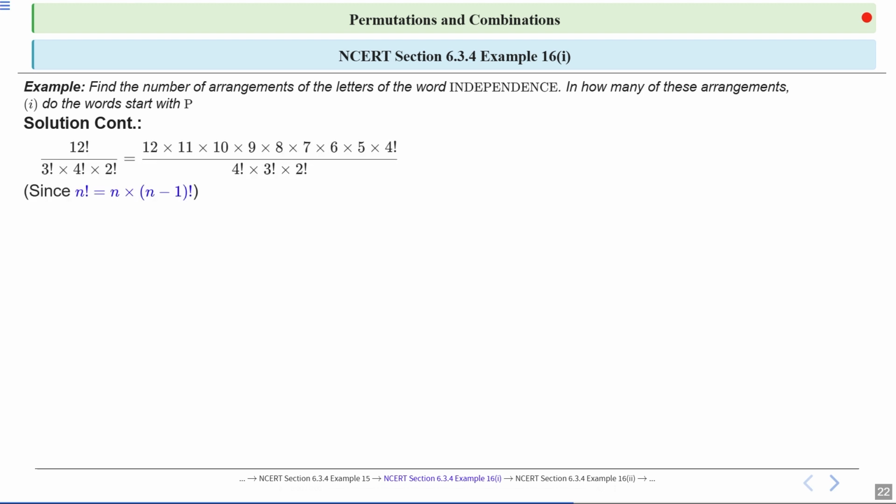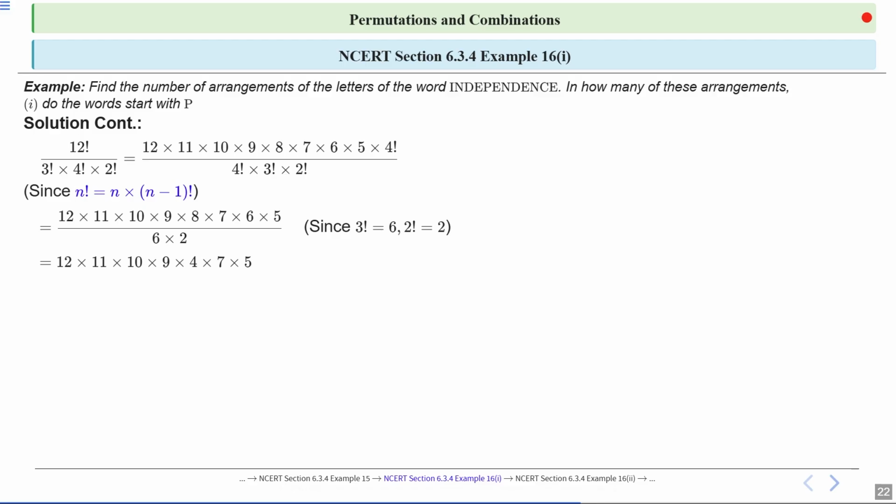So here we are calculating total arrangements using the formula n factorial is equal to n times n minus 1 factorial. This gives us 12 factorial upon 3 factorial into 4 factorial into 2 factorial. This is equal to 12 into 11 into 10 into 9 into 8 into 7 into 6 into 5 into 4 factorial upon 4 factorial into 3 factorial into 2 factorial. This is equal to 12 into 11 into 10 into 9 into 8 into 7 into 6 into 5 upon 6 into 2, since 3 factorial is 6 and 2 factorial is 2.